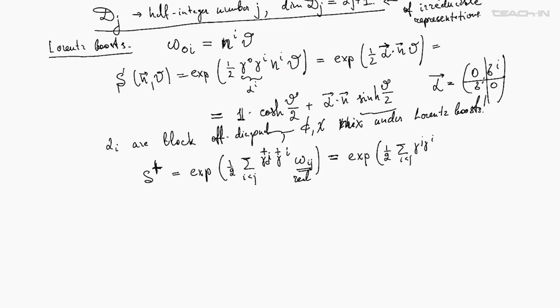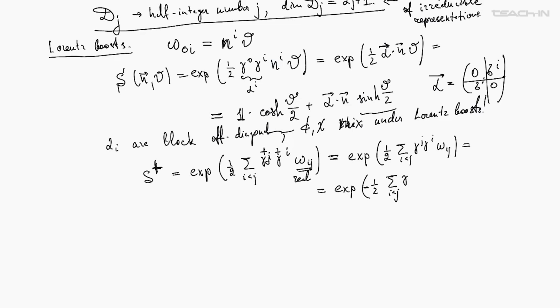So minuses cancel because they appear twice. You have two gamma matrices, so the minuses cancel. And then if you put these matrices in the old order by anti-commuting them, you will get the minus sign here.